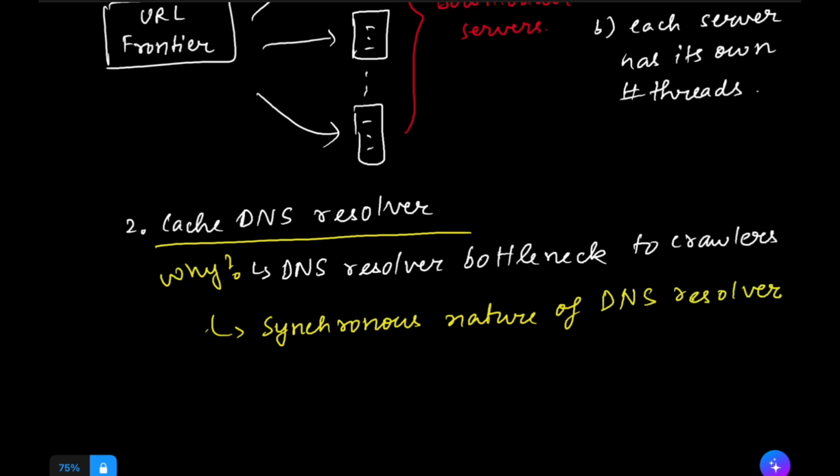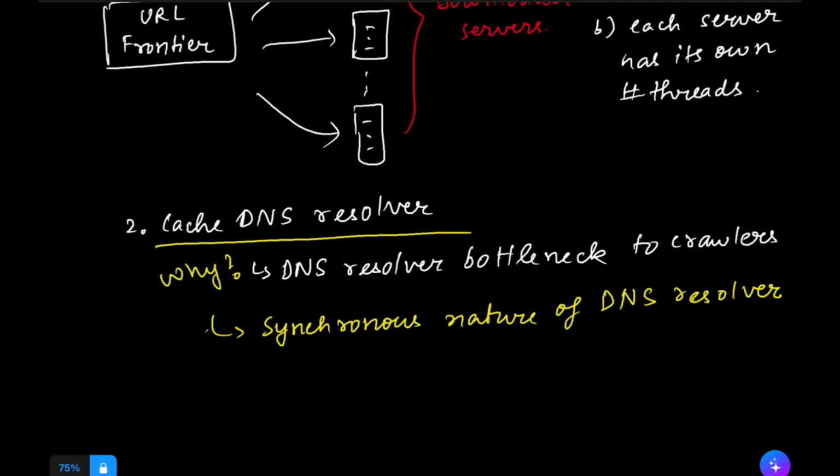Suppose a thread requests a DNS resolve for a particular URL. In a synchronous nature, all other tasks or processes related to that thread are blocked until the query is complete, and once the query is complete, all the other tasks are resumed. So this method incurs a huge latency or delay in other threads' processes.